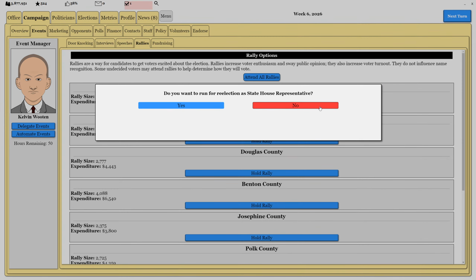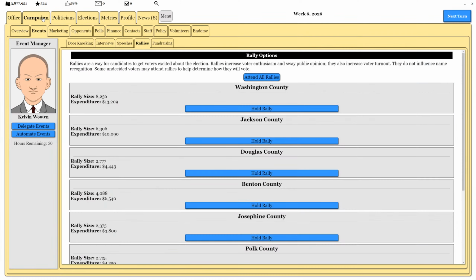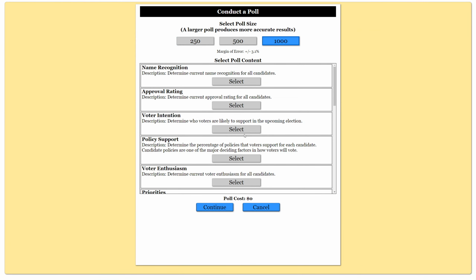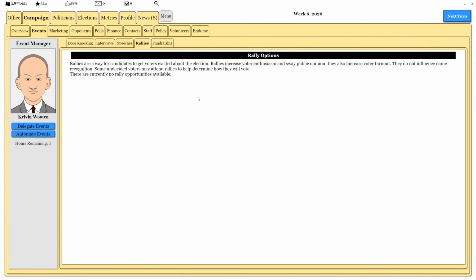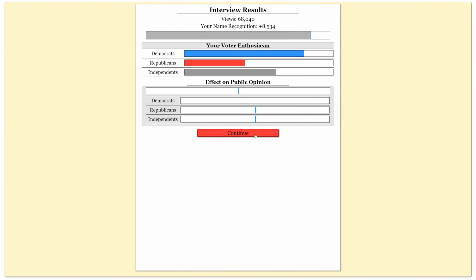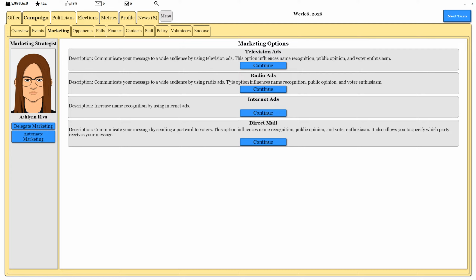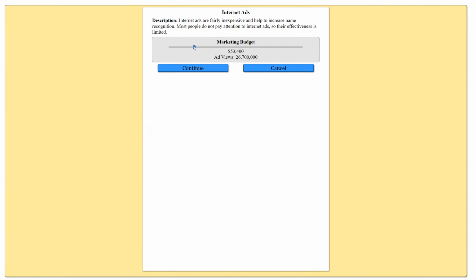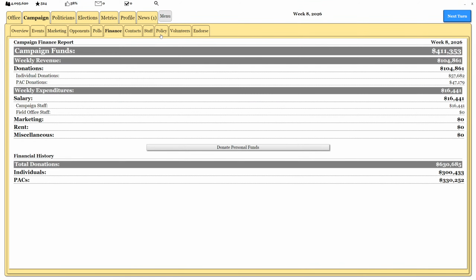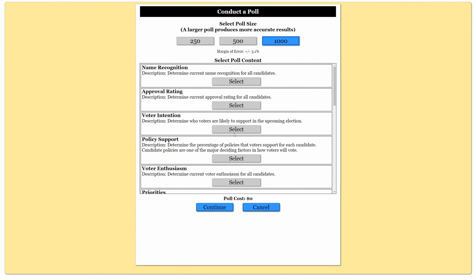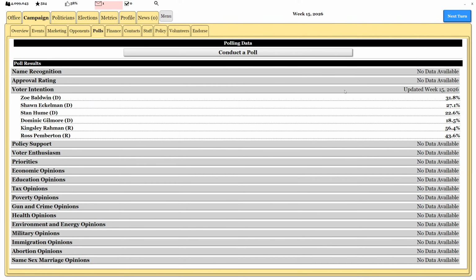Want to run for re-election? Nah. Polls, voter intention. Okay, so we're in the lead in a four-way race. Marketing. Just trying to max out my name recognition right now. $31 to $27.